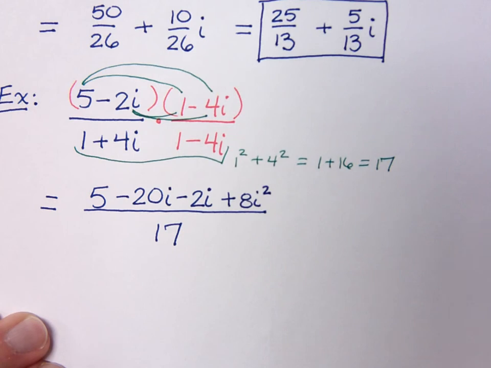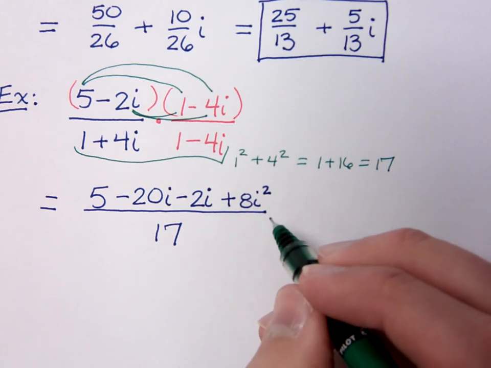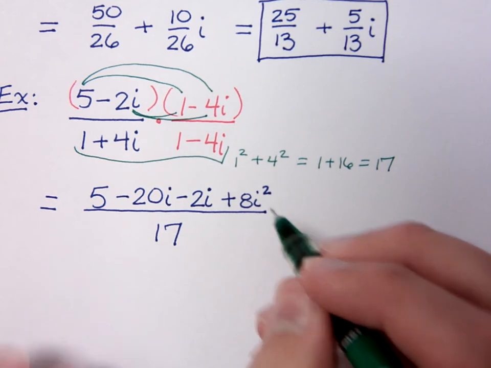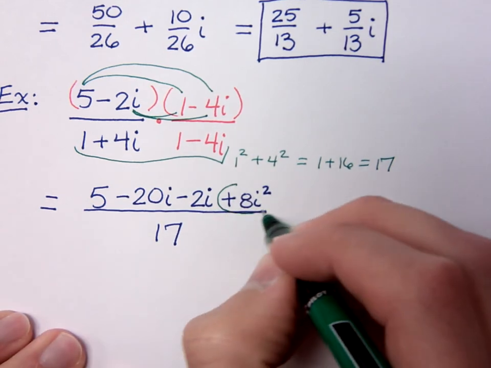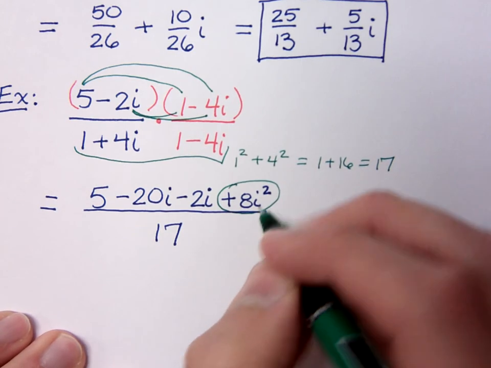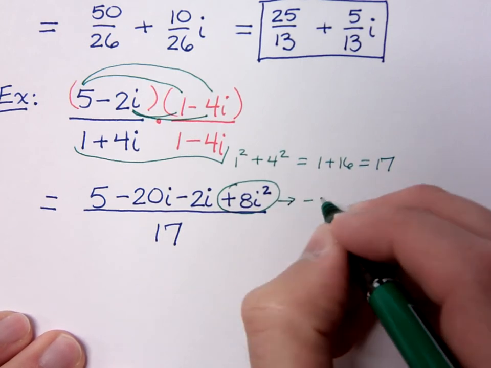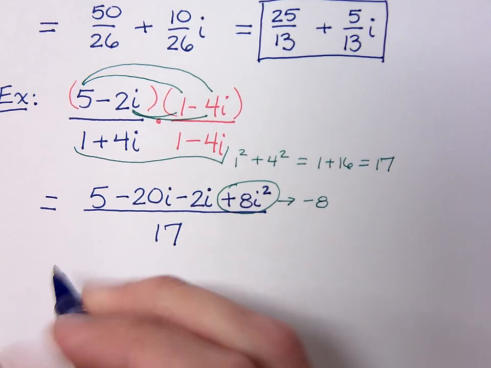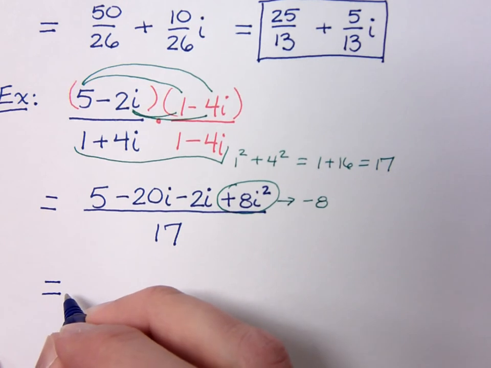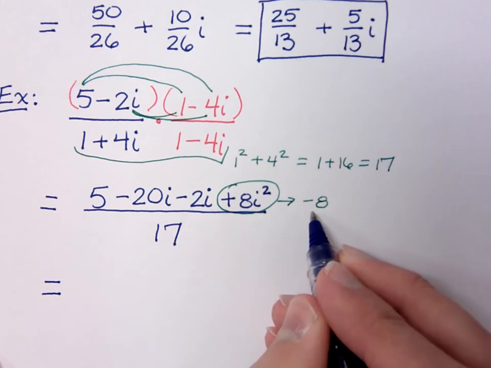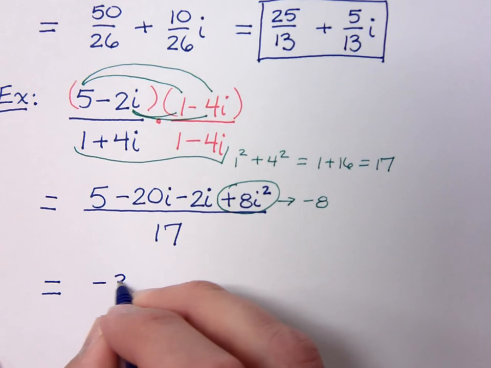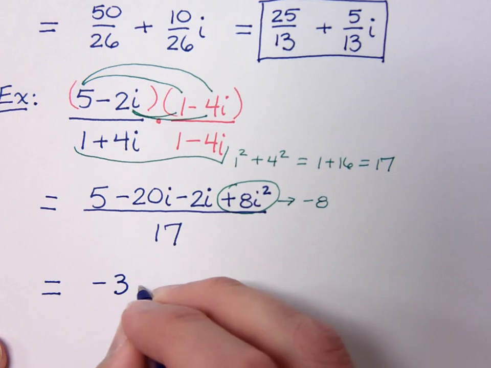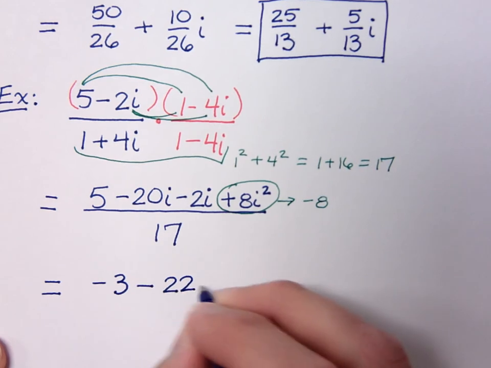Now, since we do have i squared, and we said that we should never have anything i squared or higher in your answer, we need to reduce this. So a plus 8i squared will become negative 8. So when we combine like terms, we have positive 5 and negative 8, so that's going to be negative 3 for our real part, in the numerator anyway, and then my imaginary part is just going to be a minus 22i.